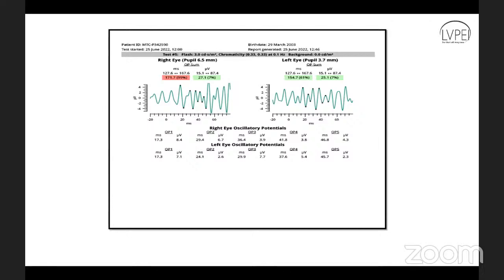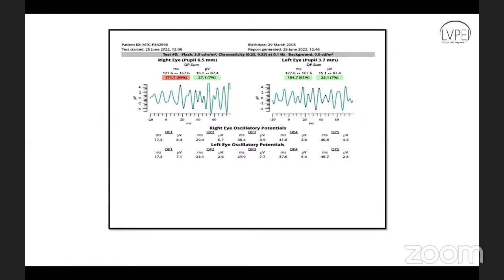Whereas in advanced stages, you may get both scotopic and photopic, that is both cone and rod mediated responses, getting affected. In our case, you see an intermediate stage of Stargardt disease, where the global retina is not affected, but the macula and up to the mid periphery of the retina is affected. That is why we are not getting completely flat scotopic or photopic responses.